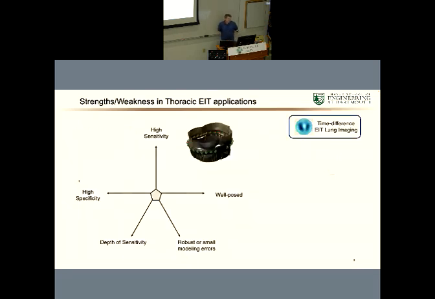As I put that together, I wanted to give a top-level view of some of the strengths and weaknesses of EIT applications. And I really like these spider diagrams. But looking at it in terms of, how good is the sensitivity? How good is the posedness? Is it well posed, poorly posed? Is it robust to noise, small modeling errors?